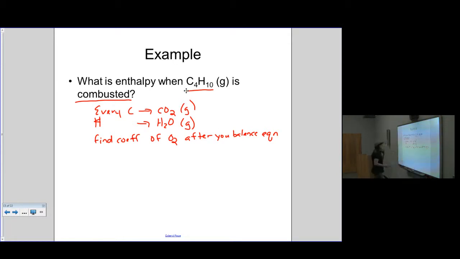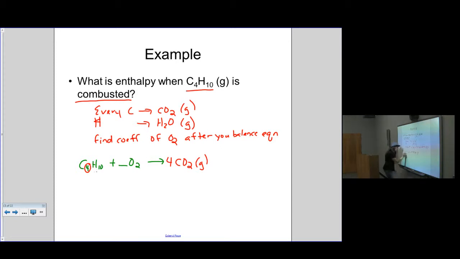So, we're going to take butane, C4H10, and do a combustion with it. I'm going to take C4H10 plus some oxygen. I don't know how much yet, so I'm going to leave that alone. Then I have 4 carbons, so I'll make 4 CO2s, gases.